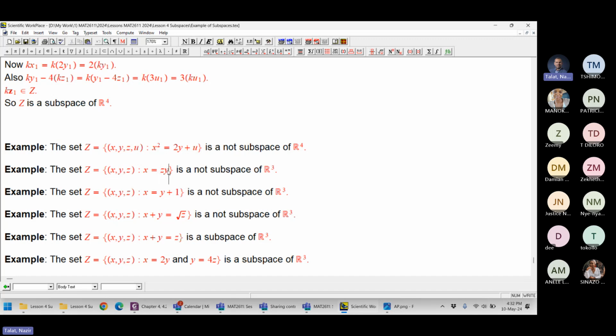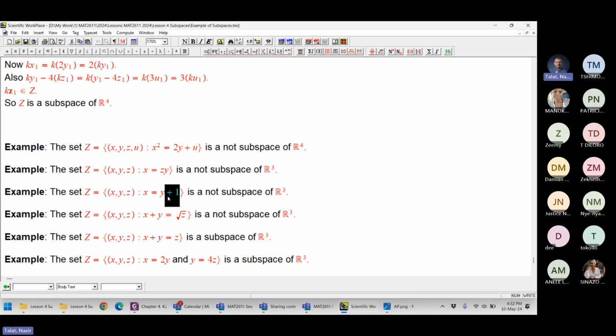Similarly, a product is not allowed, like xy, or if you take xz or whatever the multiplication, then this will never become a subspace. Moreover, the constant 1 is not allowed. If there is any number other than 0, then it will never become a subspace. So this element must be 0 or should be removed.